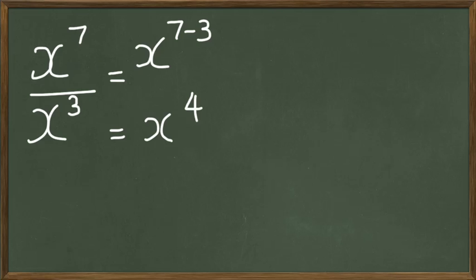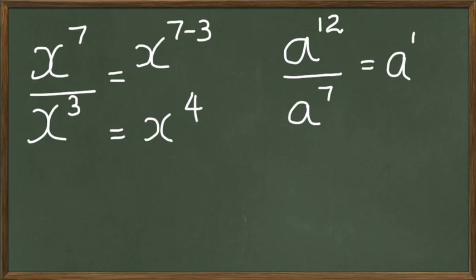Another example is if you have a to the power of 12 divided by a to the power of 7, this is equal to a to the power of 12 minus 7, which equals a to the power of 5.